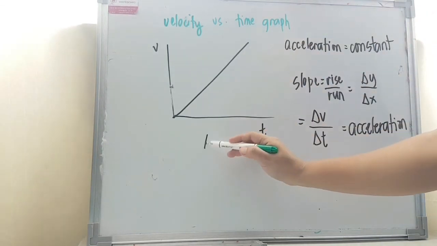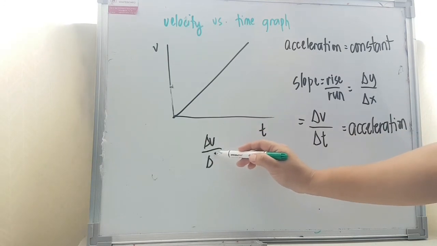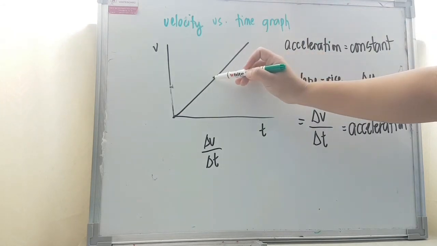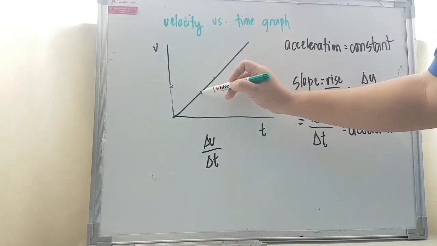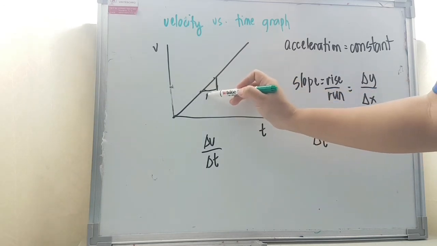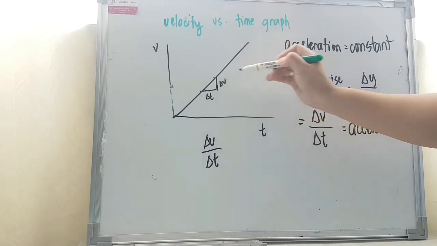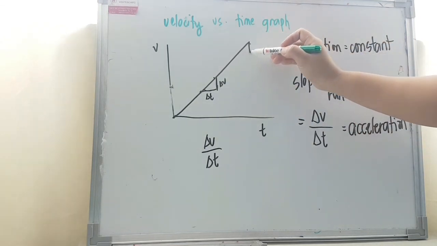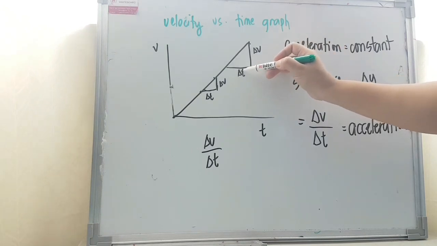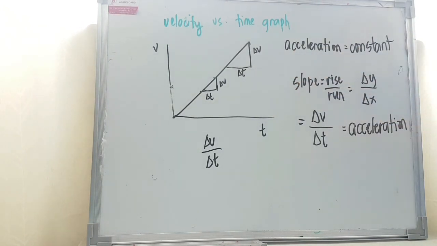Because if you look at delta v over delta t at different points in the graph, they will be the same. So pick, for example, point 2 here. At a certain period of time, delta t, delta v, and then if you take another slope, delta v over delta t, you will have the same acceleration, which is why we have said that it's uniformly accelerated motion.